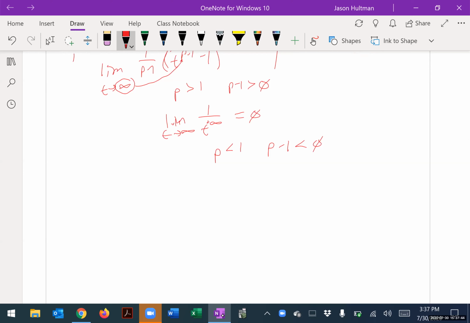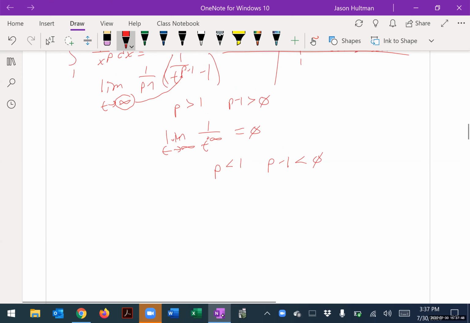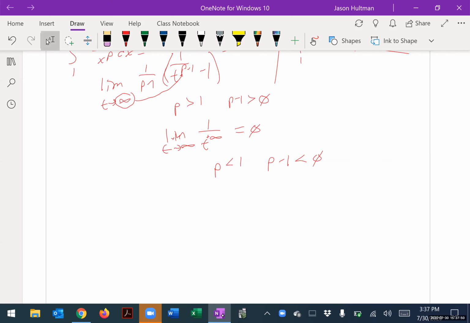So what is t to a negative exponent? 1 over t to a negative exponent. Let's just say that c is equal to p minus 1, but it's a negative number, so it's negative c.